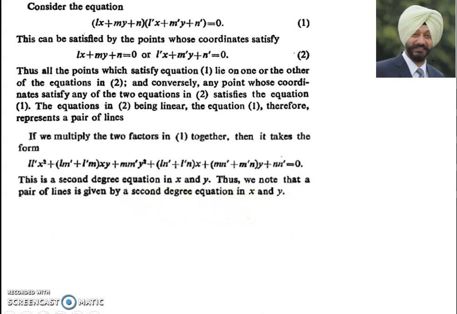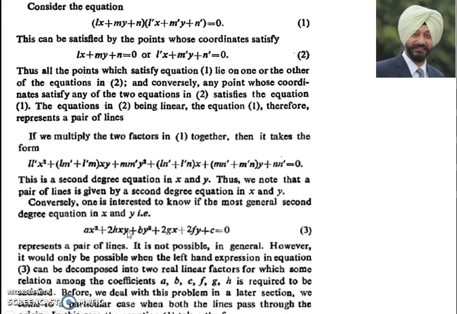Conversely, it's also true. If we are given a second degree equation, we can write it as a product of two lines. Conversely, one is interested to know if the most general second degree equation in x and y, that is ax² + 2hxy + by² + 2gx + 2fy + c = 0, represents a pair of lines. It is not possible in general.